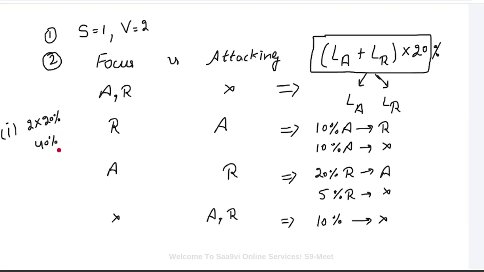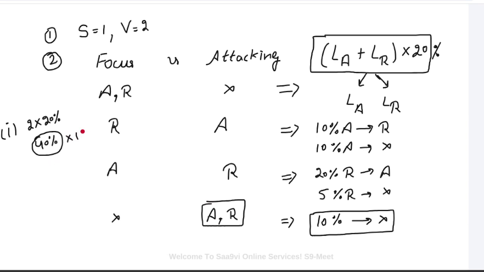And out of this 40%, 10% will not vote for anyone because they both are attacking. That means 10% of 40, that is 4, they will not vote for anyone. That means 36% people will be voting only.